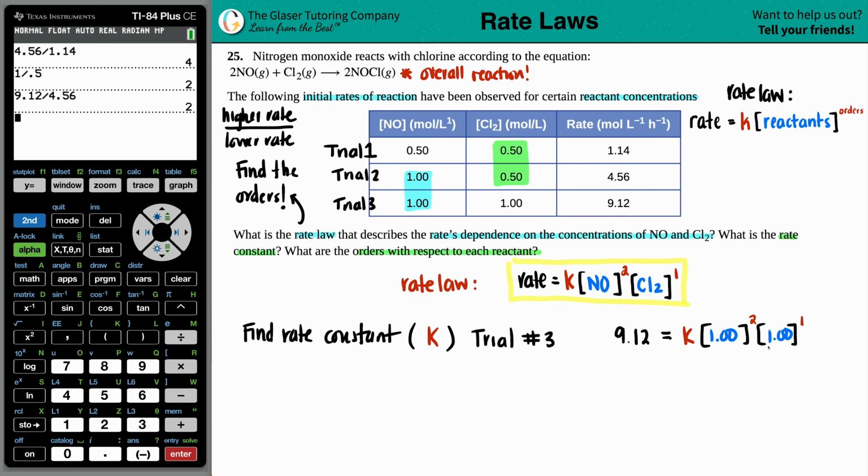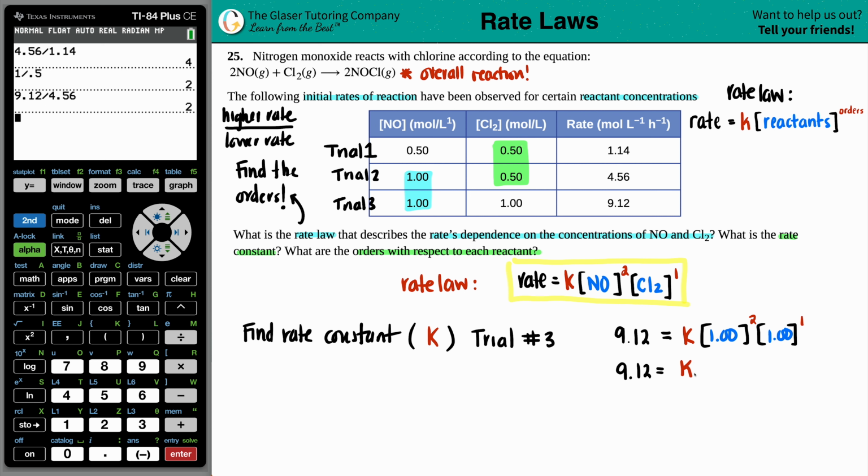Now we just solve, right? 9.12 equals K. We can do all of this math, but 1 raised to the second is 1, 1 to the first is 1, and 1 times 1 is 1. So this whole thing is 1, but basically, we found out what that K value was.